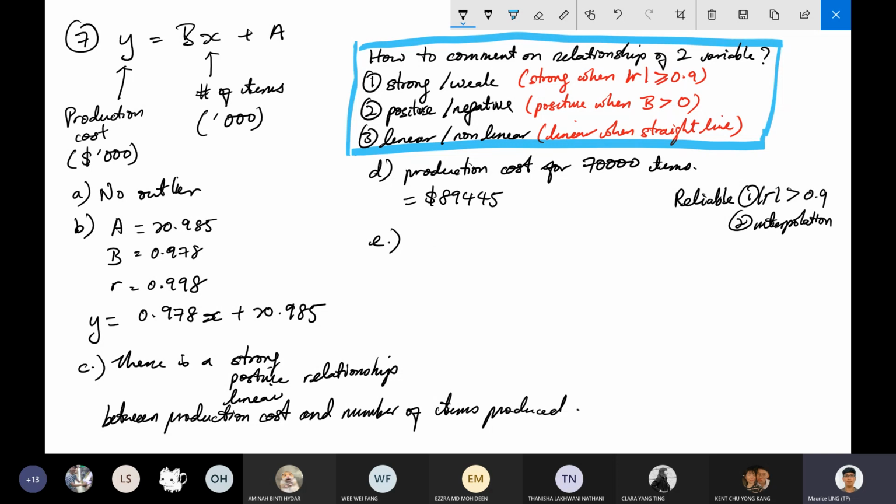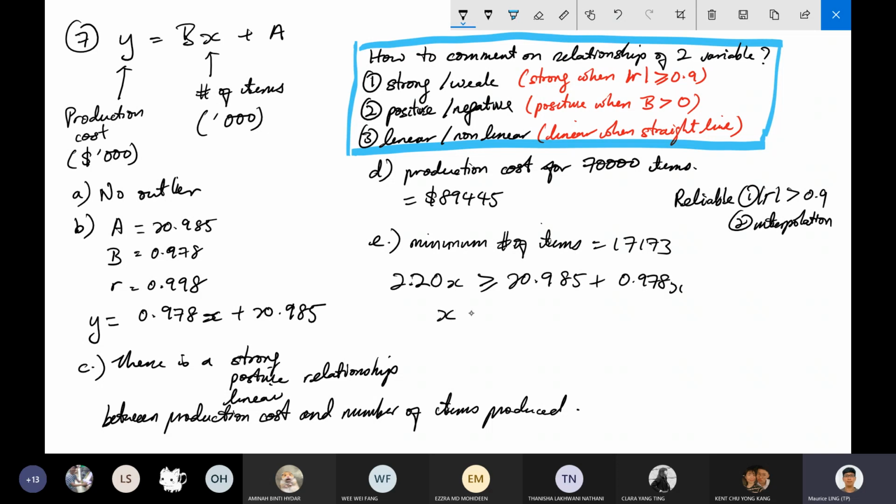So the minimum number of items is 17173. Okay, because you have 2.2x has to be more than or equals to 20.985 plus 0.978x.